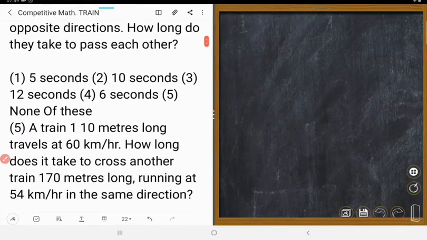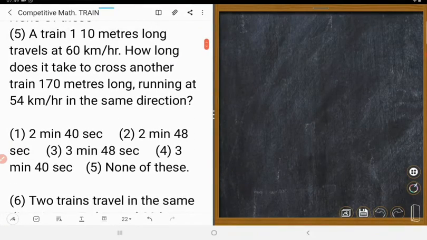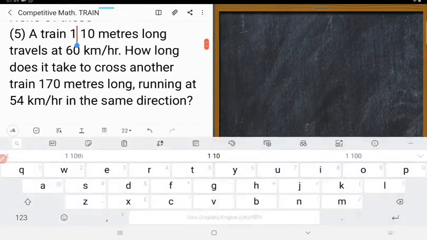Next question, that is number 5. A train 110 meters long travels at 60 km per hour. How long does it take to cross another train 170 meters long running at 54 km per hour in the same direction?